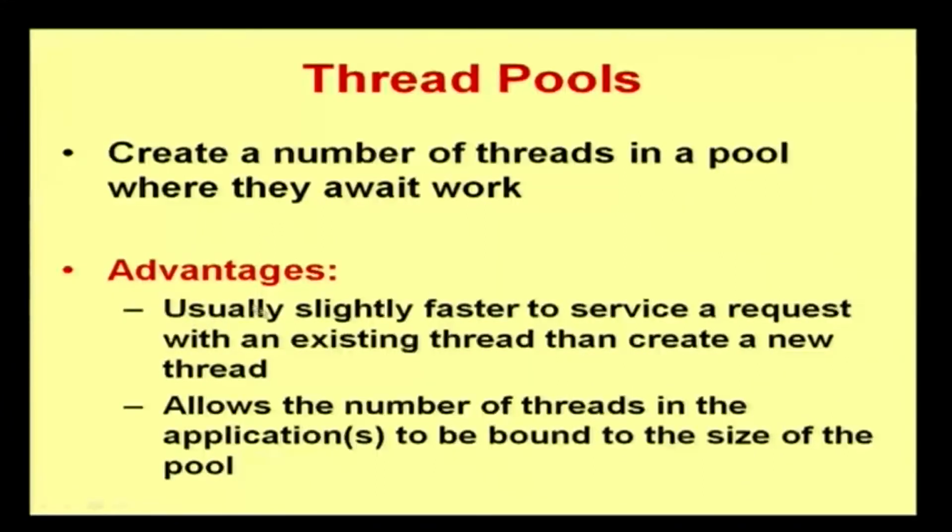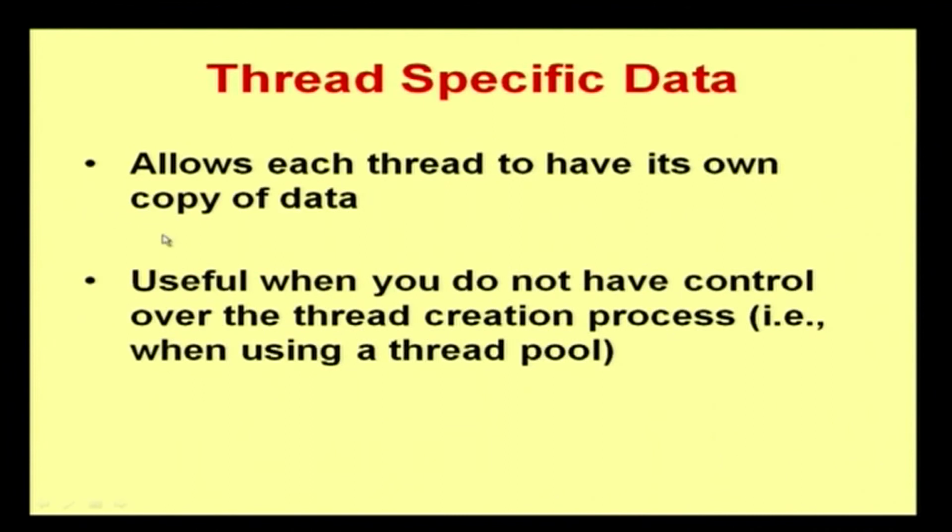The first advantage is it is usually slightly faster to service a request with an existing thread than to create a new thread, because you have other threads available. The second advantage is it allows the number of threads in the application to be bound to the size of the pool. The third point is it allows each thread to have its own copy of data. Because it is in the pool, it has to allow each thread to have its own copy of data.